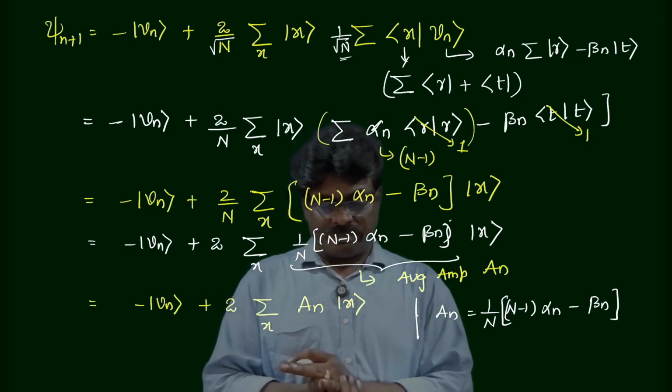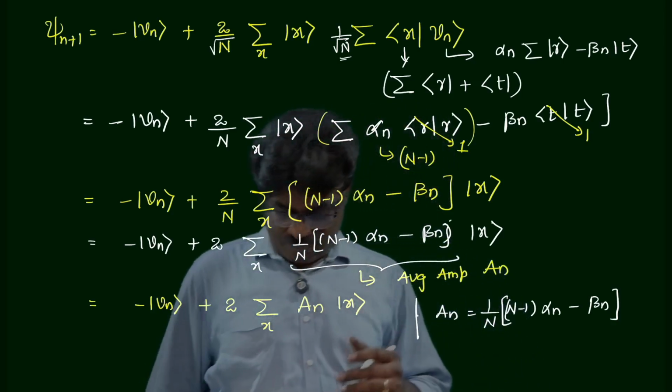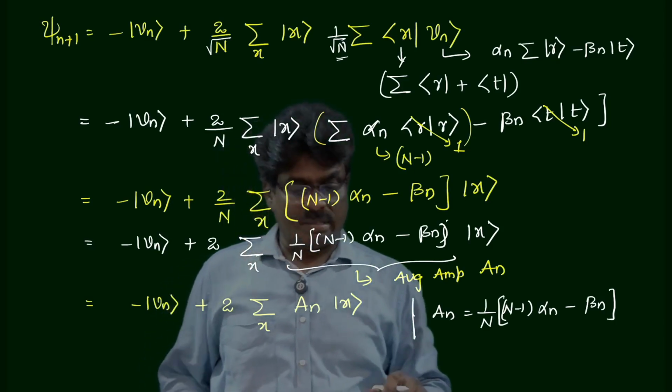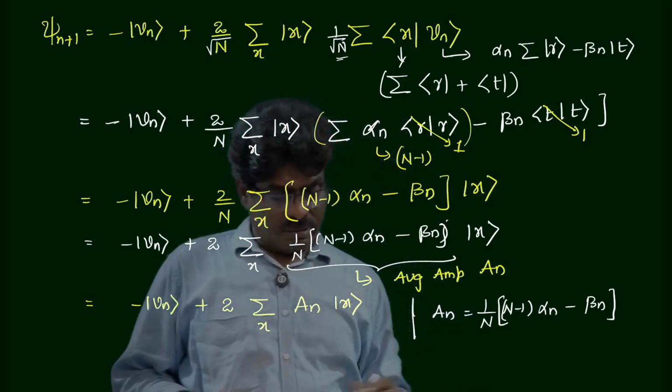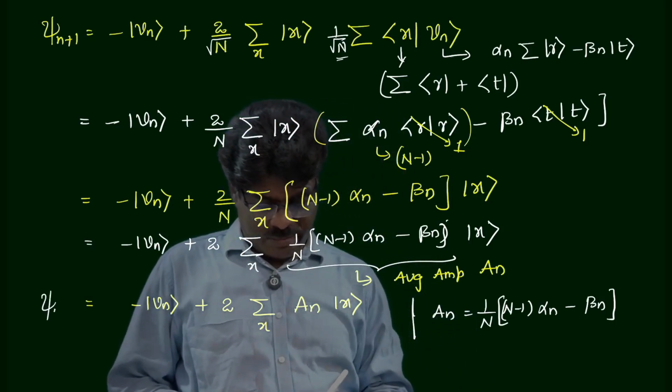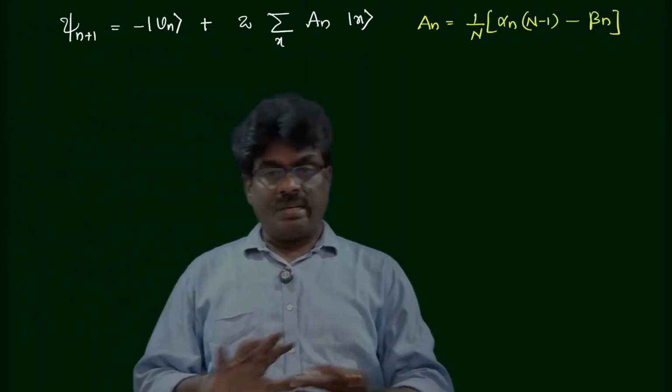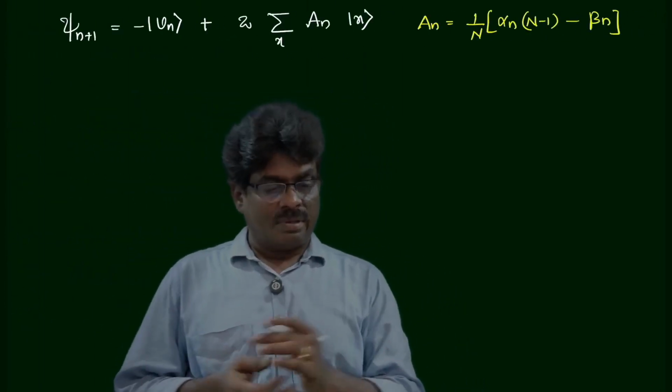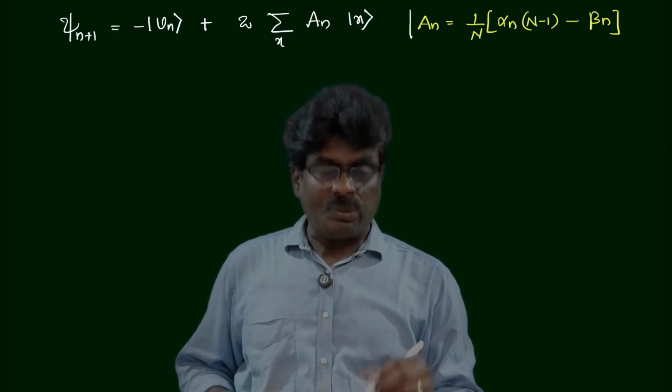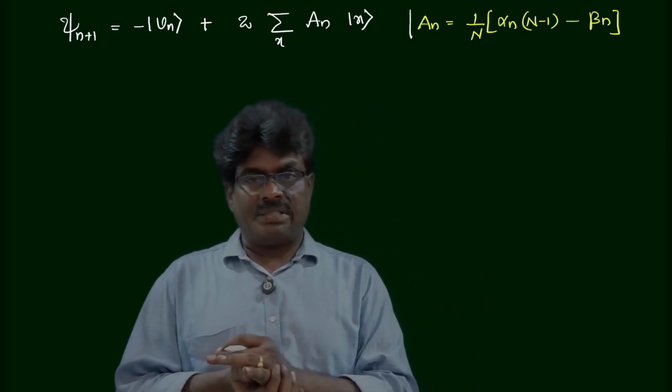This is what we get. Right, so let me write this on the next page again. So finally this is the result we got. This is the average amplitude after n number of iterations.